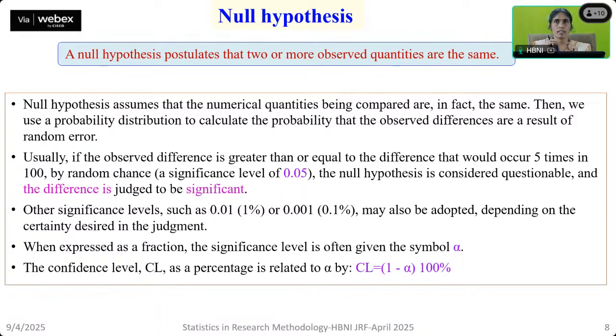Out of 100 such repeated comparisons, if 5 give a larger difference, we say there is a significant or substantial difference between these two values. They belong to two different classes or two different sets of data. That means your null hypothesis should be rejected.